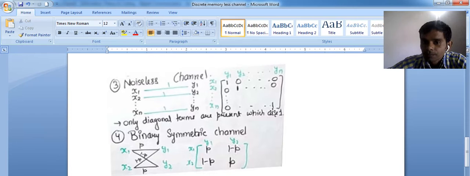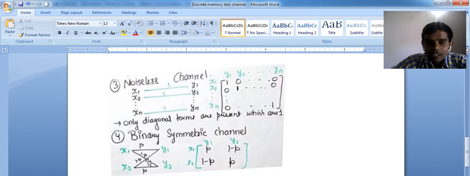Now there is another channel matrix, named the binary symmetric matrix. In a binary symmetric matrix we basically depend on probabilities. Here x1, x2 are the two inputs, y1, y2 are the two outputs. When y1 and x1, it depends on p.